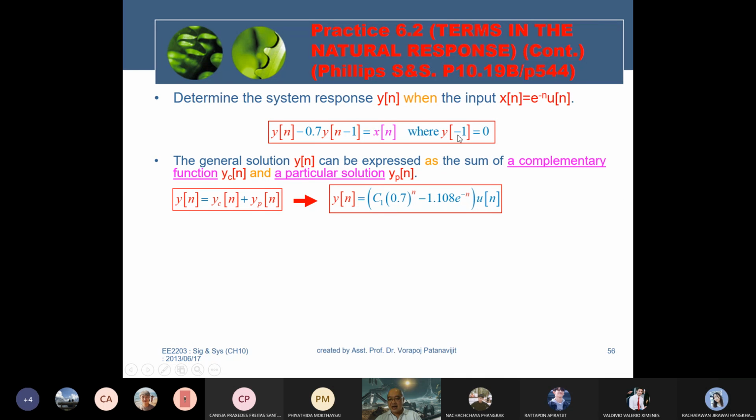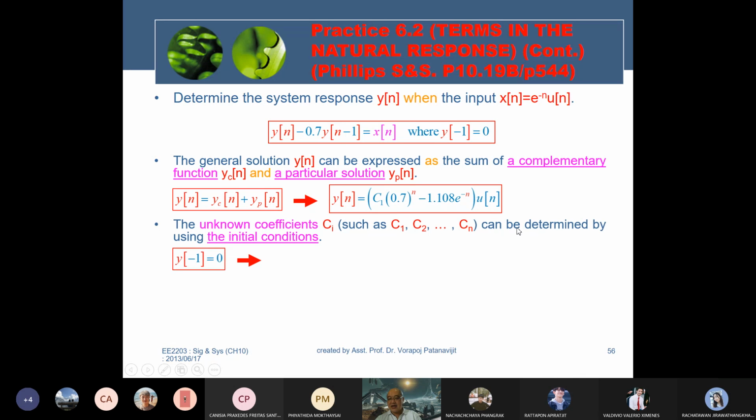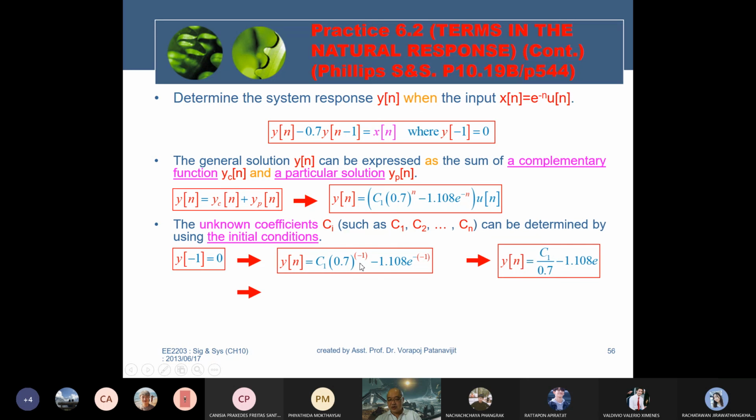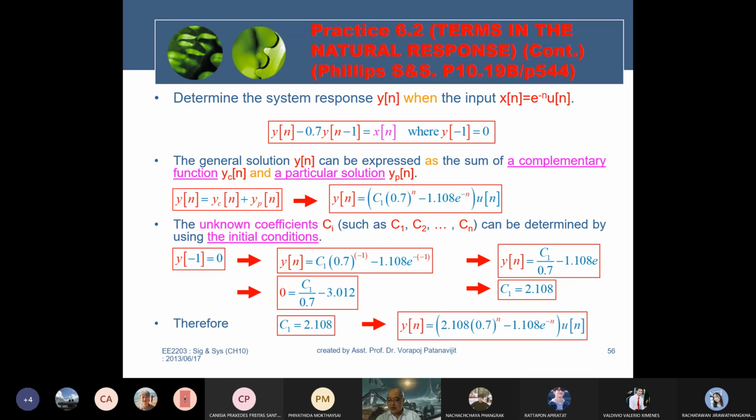We determine the unknown constant C1 using the initial condition, y[-1] equal to 0. Substituting n equal to minus 1, you get C1 approximately equal to 2.1. Now you can state that y[n] equals 2.1 times 0.7^n minus 1.1 e^(-n) u[n].